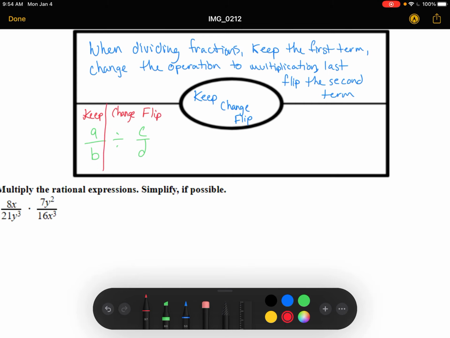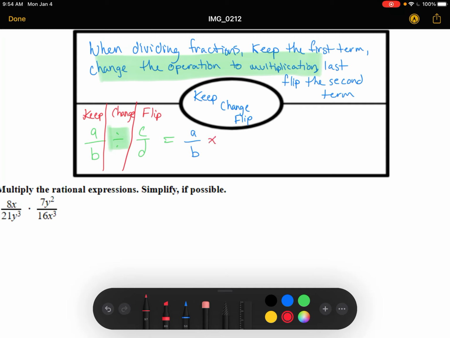You can even draw these lines if it helps you demarcate everything. We keep exactly as it is, a over b, so we're not going to touch that. We change our sign, and again, our notes say change the operation to multiplication. So we're going to change this operation to multiplication.